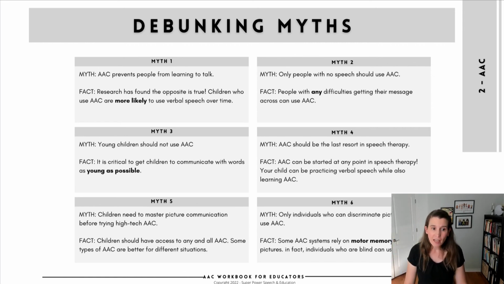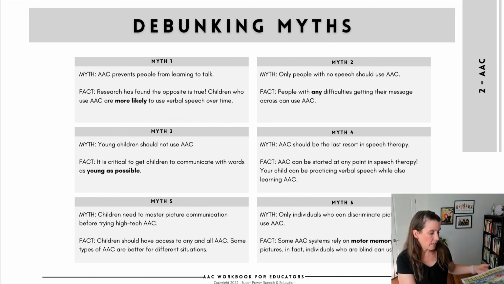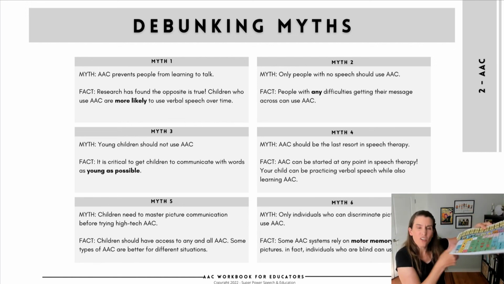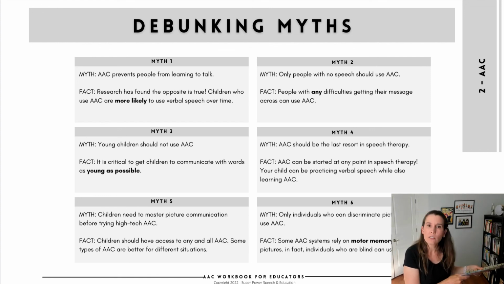Myth number 5, children need to master picture communication before they try HighTech AAC. This simply is not true. Matter of fact, if you took one of your systems and started covering over the letters, the alphabet letters, and you looked at those same symbols, chances are you wouldn't know what those were about either.